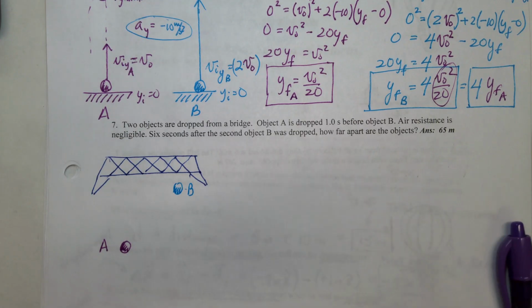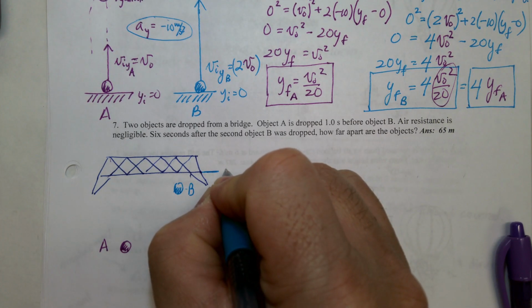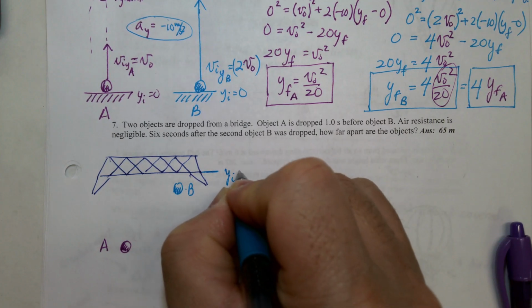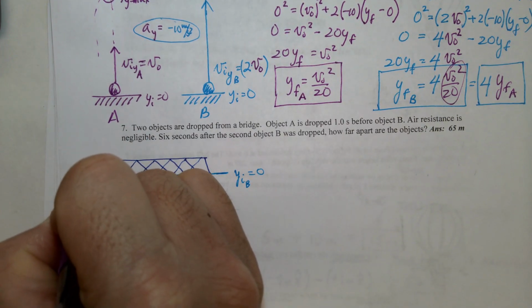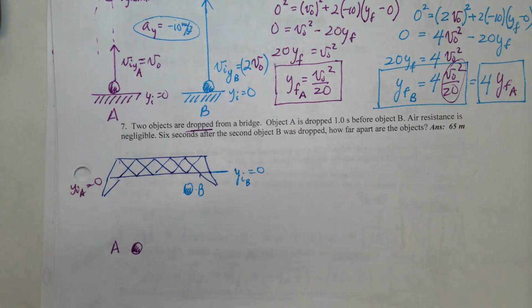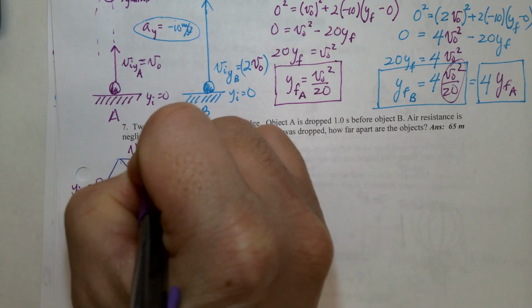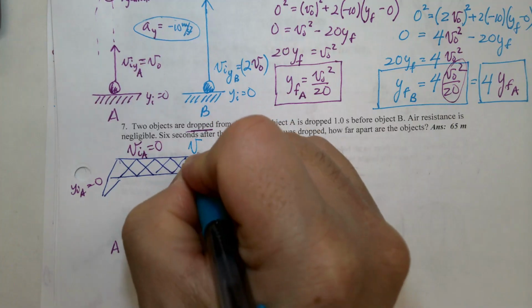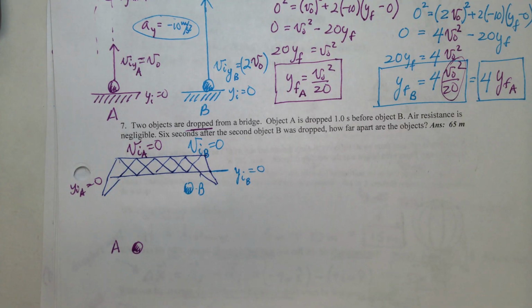Both velocities when they started out were 0. So y initial is equal to 0 for B, and y initial for ball A is also 0. And since they were both dropped, my v initial of A is 0, and my v initial of B is also 0. So that's pretty much what's given to us so far.